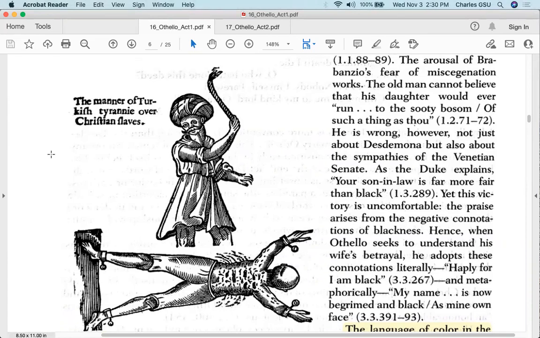So think all the way back to the Quran in the first half of the semester. They were believed to be barbaric because they worshiped another god and had these very exotic and peculiar practices of dress as well as behavior and language.